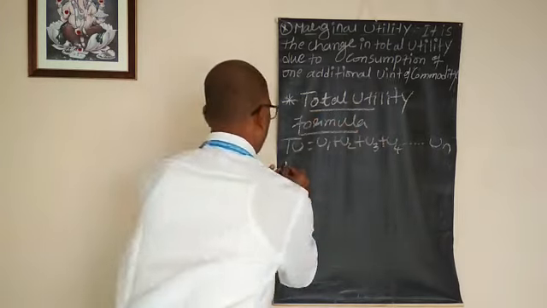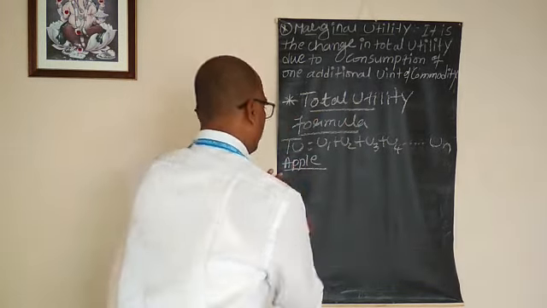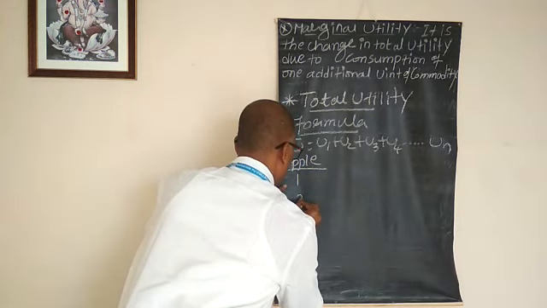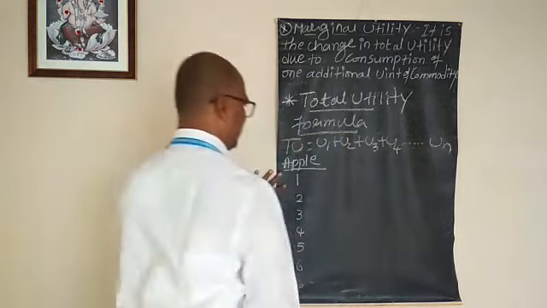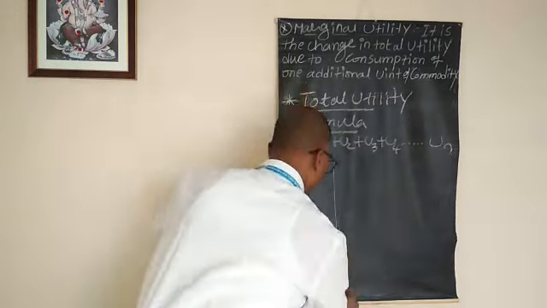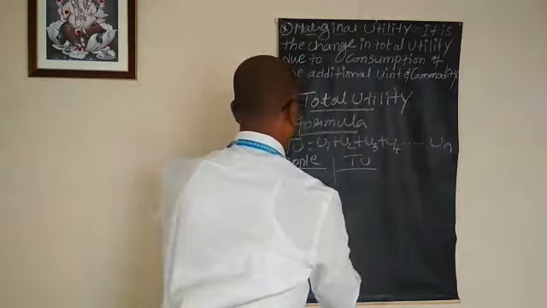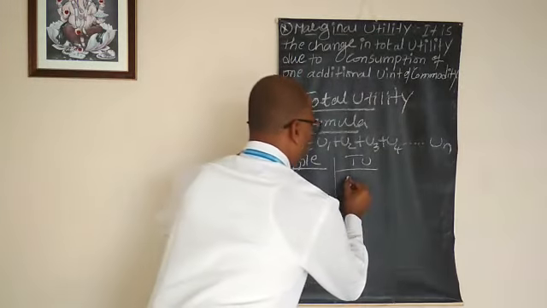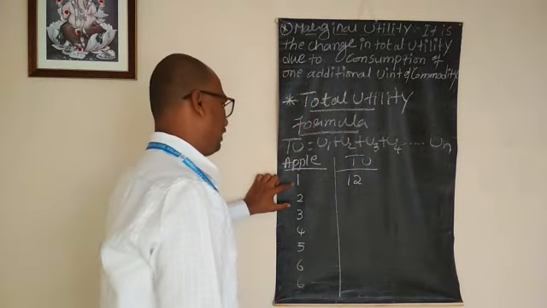Example: the commodity is apple. How many apples are we going to consume? 1, 2, 3, 4, 5 and 6. What utility do we gain? By the consumption of the first unit of apple, 12 units of satisfaction or utility.